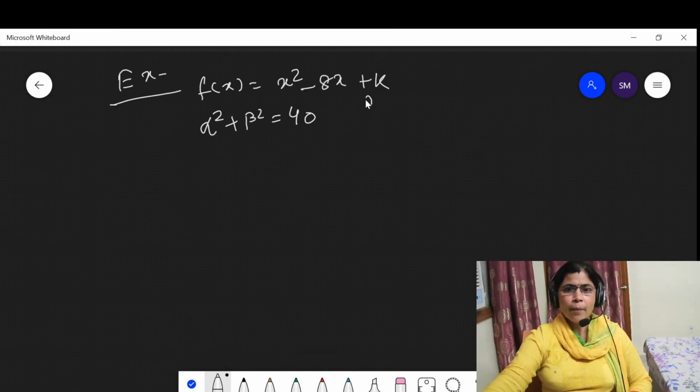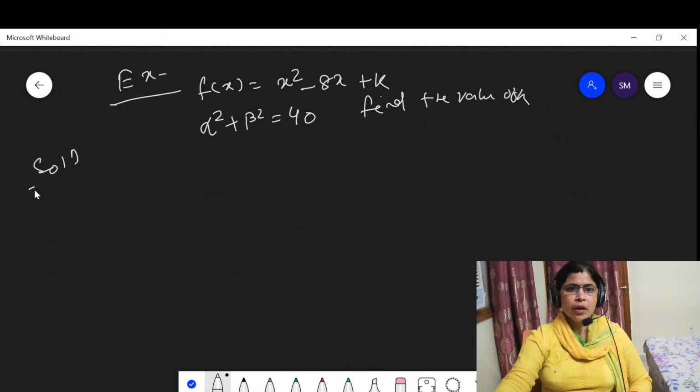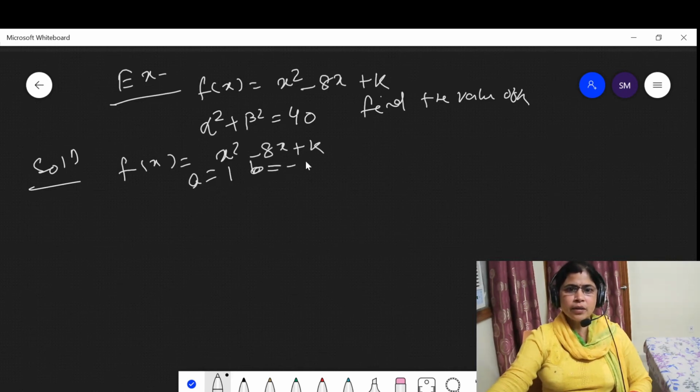Then find the value of k. Now let us solve this. Here the polynomial is f(x) is x square minus 8x plus k. Here a is 1 and b is minus 8 and c is k.